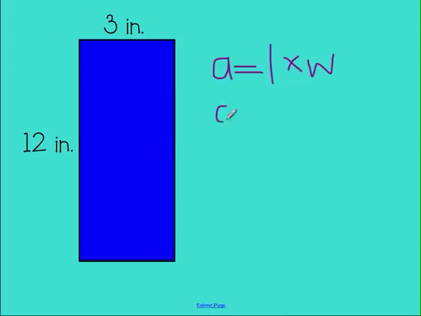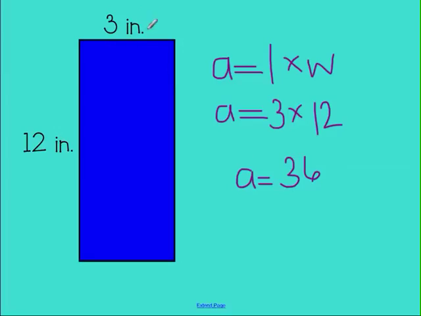So I'm going to fill in what I know, replace the variables. Area equals, here's my length, 3, times 12. And I know that 3 times 12 is 36. So I would say that area equals 36.